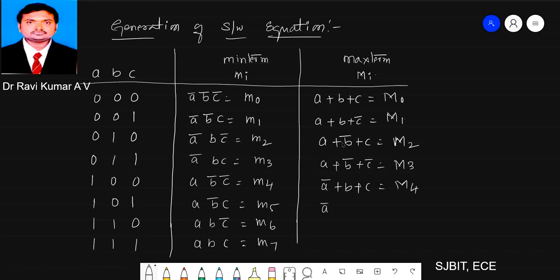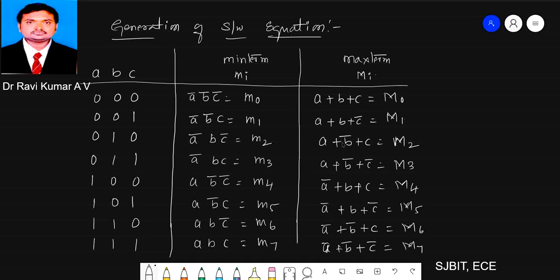A bar plus B plus C bar, that is M5. A bar plus B bar plus C, M6. A bar plus B bar plus C bar, that is M7. So this is your generation of a switching equation.